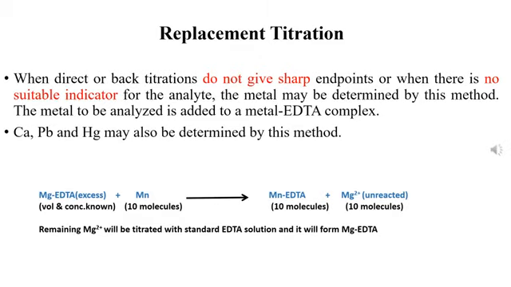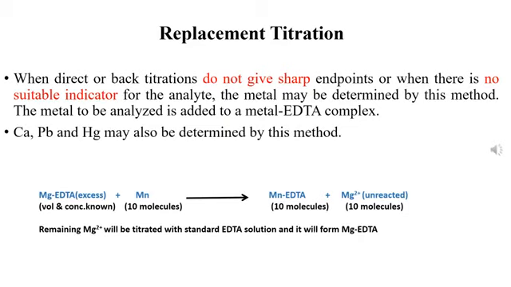So the metal to be analyzed is added to a metal EDTA complex. For example, for the determination of manganese, an excess of magnesium EDTA chelate or complex is added to the solution of manganese, and the manganese ion quantitatively displaces magnesium from magnesium EDTA solution, because manganese forms a more stable complex with EDTA, and the complex of magnesium and EDTA is not very stable as compared to the manganese EDTA complex.